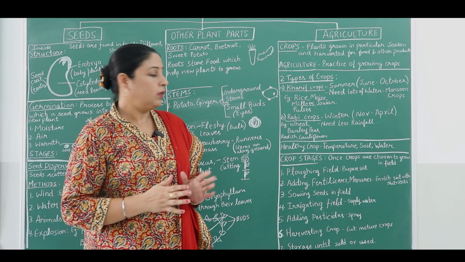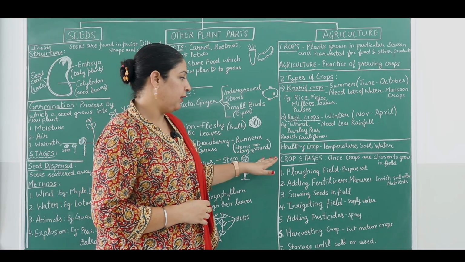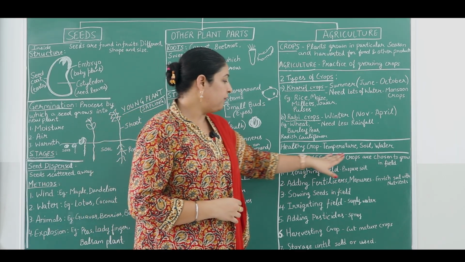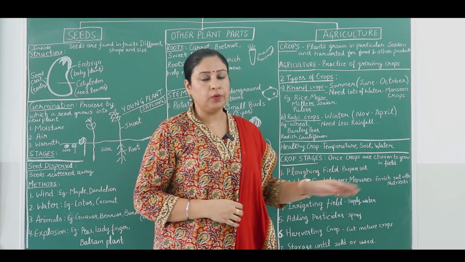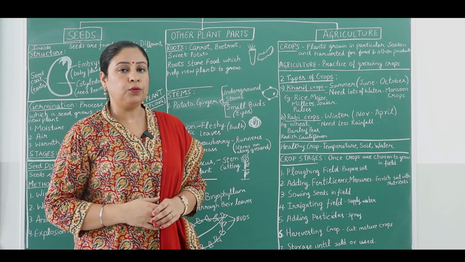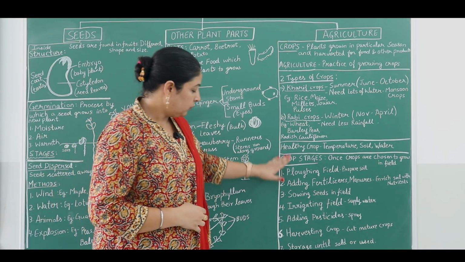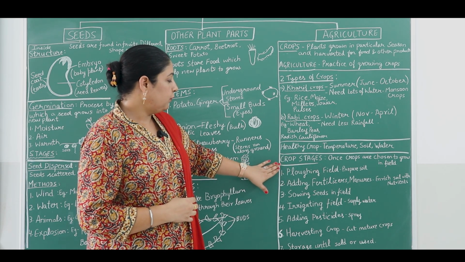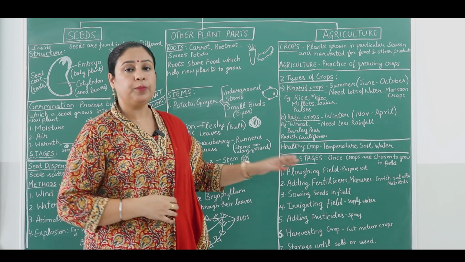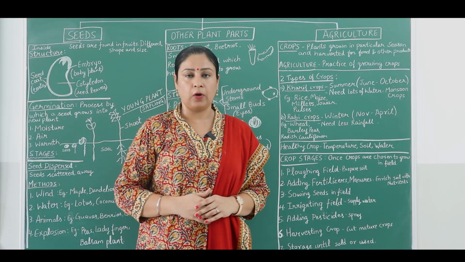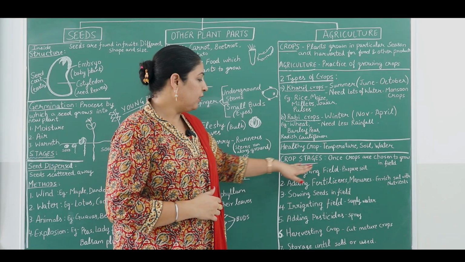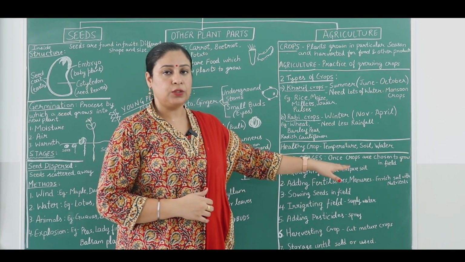Now once we have decided which crop to grow, or we have chosen our crops to grow in our field, we need to follow crop stages. The first stage is to prepare the soil for the crop. It is known as plowing the field or preparing the soil.